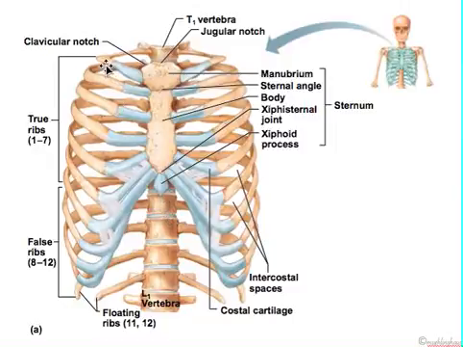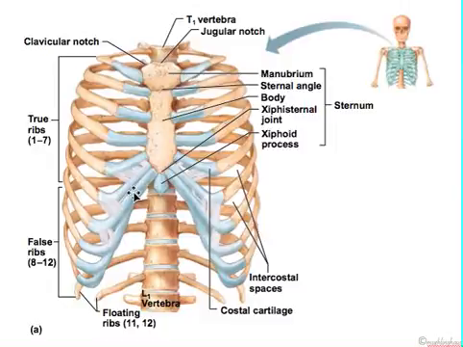Okay, so when it comes to ribs, we group these ribs into true, false, and floaters. The first 7 are attached straight via cartilage to the sternum. Those are true ribs, 1 through 7. And then, look at this, there's the other ones. We have 4 ribs, 8 to 12.